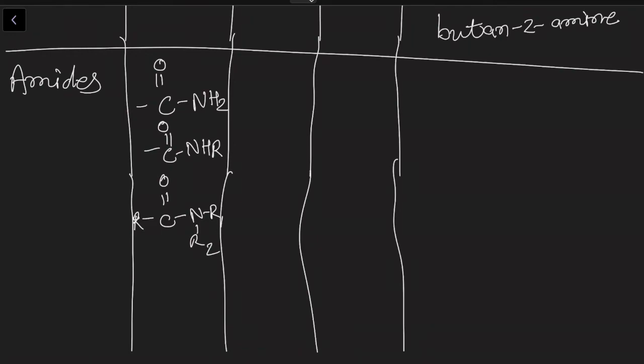So whenever there is a nitrogen attached to a carbonyl group, this is called a carbonyl group. C double bond O is a carbonyl group. It's called an amide.